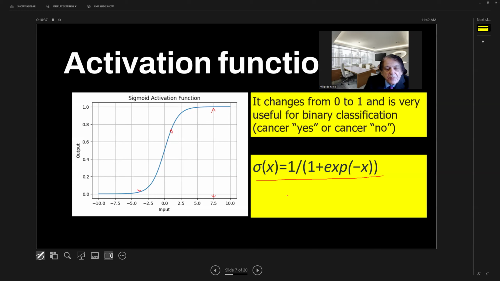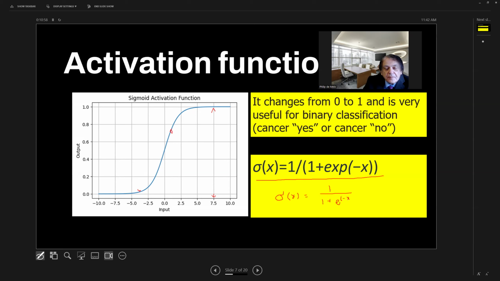And as you see from this formula, I will just rewrite it. Sigmoid function, sigma of x, equals, as you see here, 1 over 1 plus e to the power of minus x.